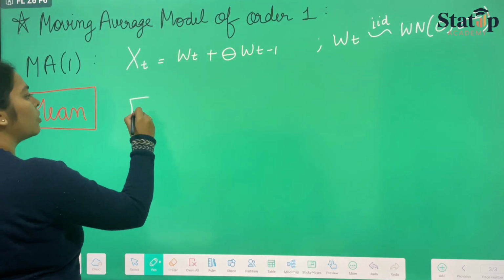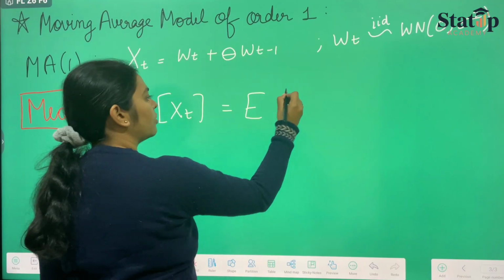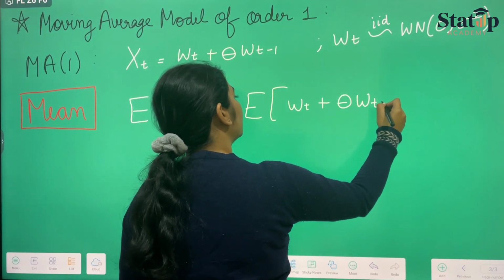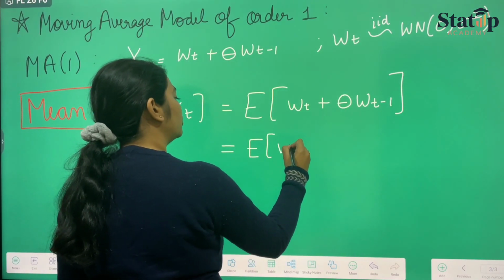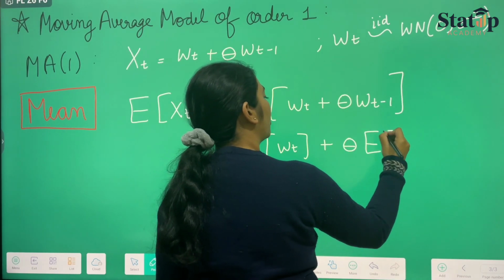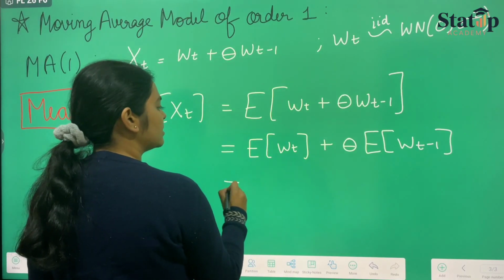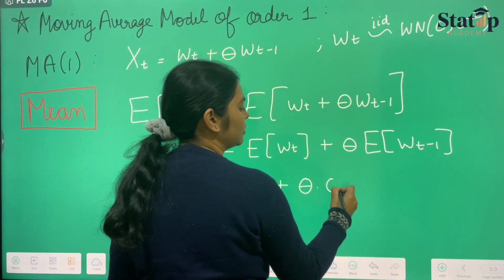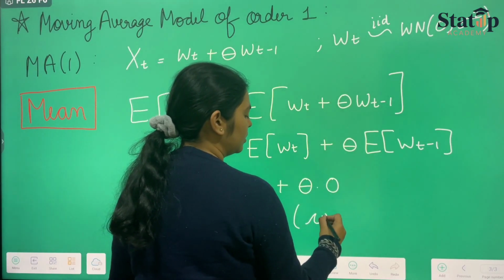So expectation of Xt can be written as expectation of Wt + theta Wt-1. This again can be written as expectation of Wt plus theta gets outside according to the property of expectation, and Wt-1. Expectation of Wt is 0 and expectation of Wt-1 is also 0. So this is 0, which is a constant mean.